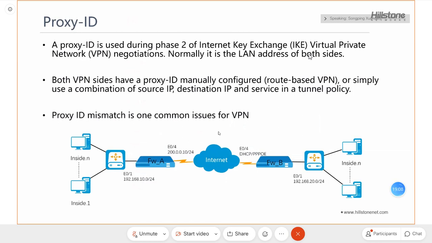Sometimes if you set an incorrect proxy ID at both IPsec VPN instances, it will cause a mismatch of the proxy ID, and the VPN connection will not be established successfully. So that is called proxy ID.